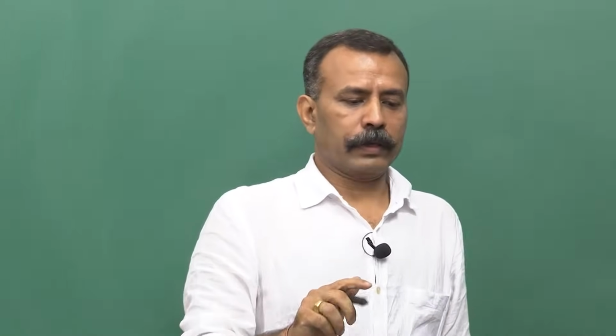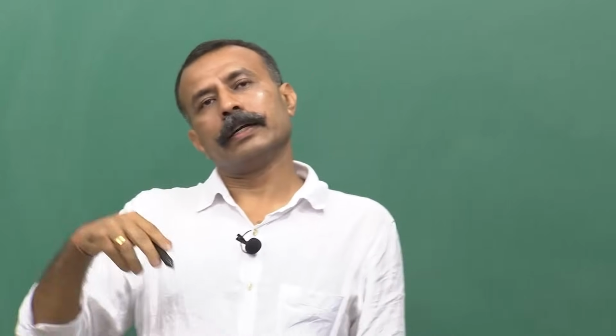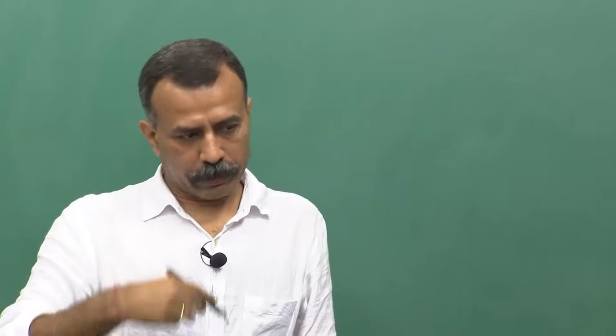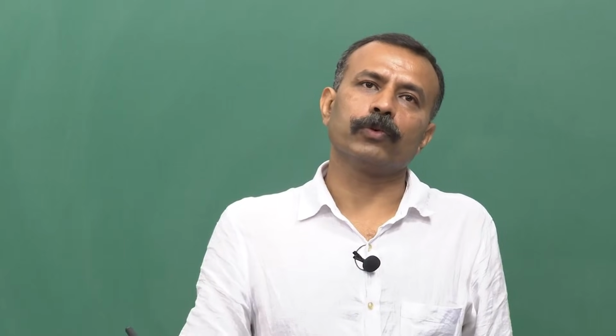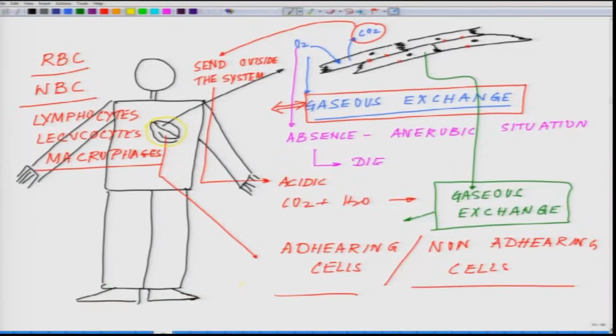So, think of it, the heart tissue which is growing out here is exposed to blood, and that blood contains a lot of non-adhering cells moving through. Say for example, this is a non-adhering cell.